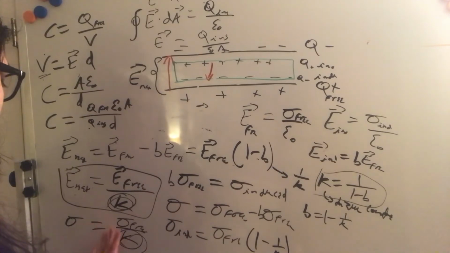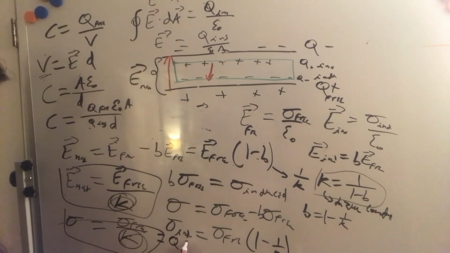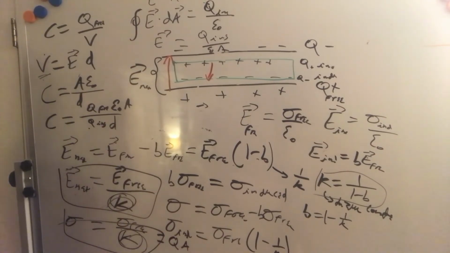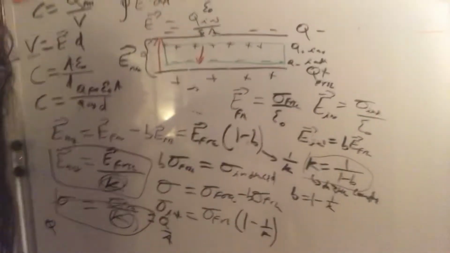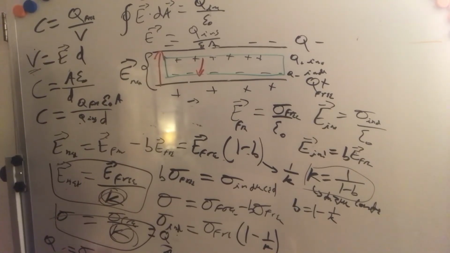Where is the charge? The charge inside would be this, and this is the surface charge density, that is the charge per area. So the charge would be equal to this surface charge density times area.